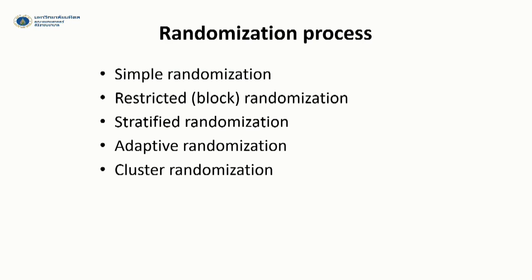Next, we talk about randomization process. There are a lot of terminologies that you can use and apply to your research protocol, starting with simple randomization, restricted randomization, stratified randomization, adaptive randomization, and cluster randomization. So I would like you to go further and study this terminology online.